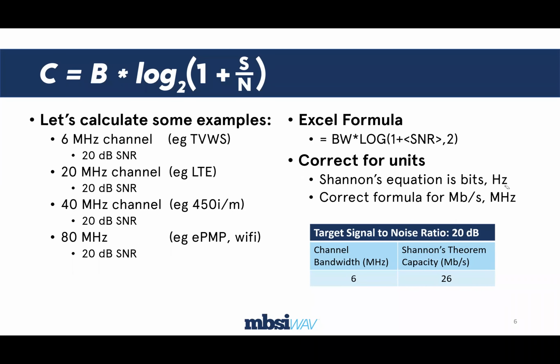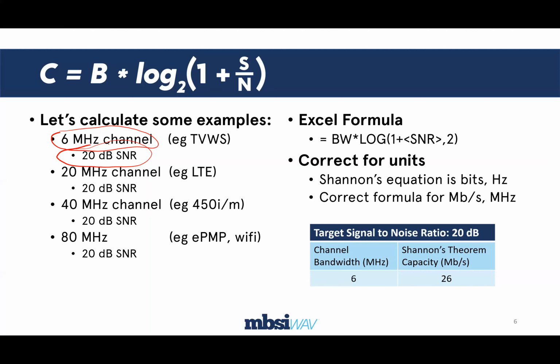Let's say, for example, we're going to talk about TV white space. Now, these TV channels are 6 megahertz channels. The latest equipment from Radwin can bond up to 4 of these together, but let's say I've only got one. Let's say that as I am looking for TV white space, I have one channel and a CPE out there experiencing 20 decibels of signal to noise ratio.